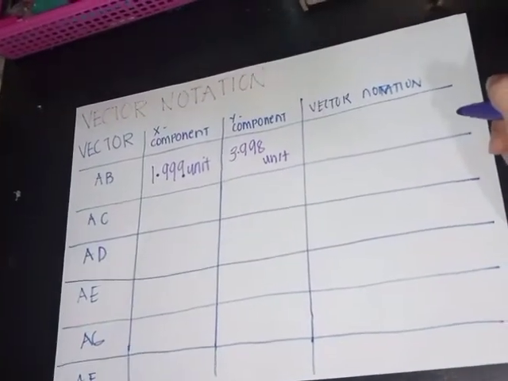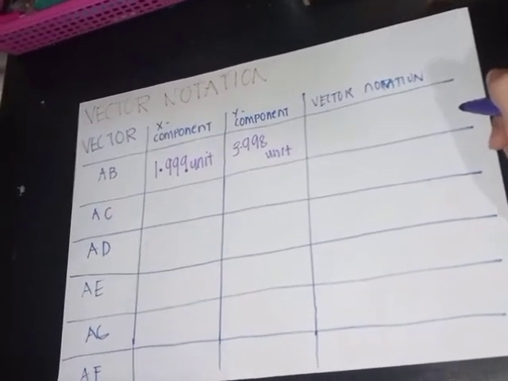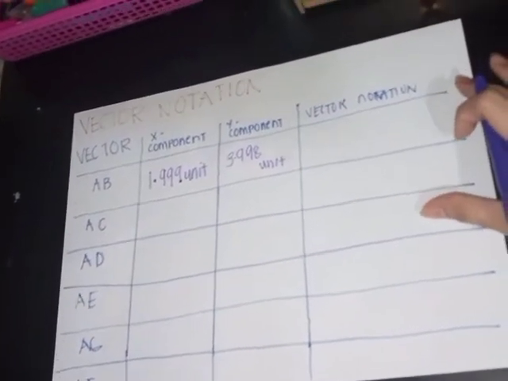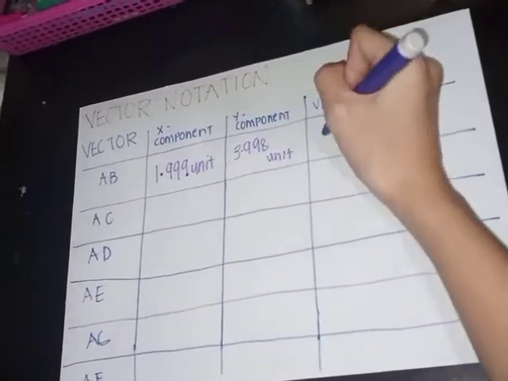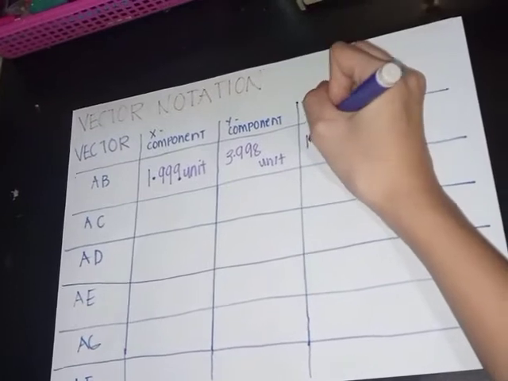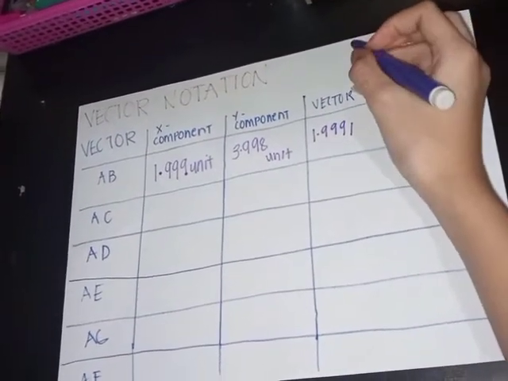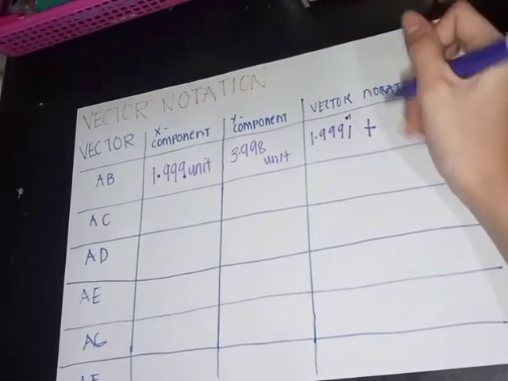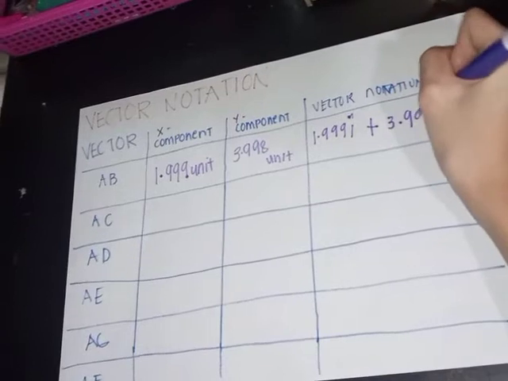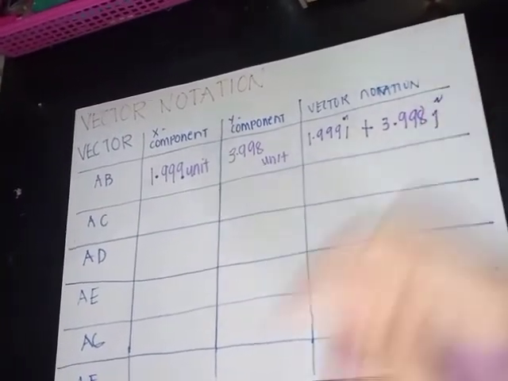For its vector notation, lalagyan natin siya ng unit vector i and unit vector j. So una yung i, we have the x component 1.999 and then the unit vector i plus 3.998 and then the unit vector of j.